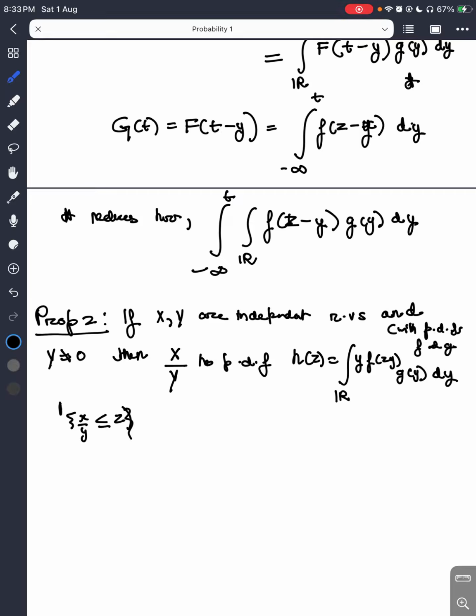So now we have a recipe to compute PDFs of sums of independent random variables.